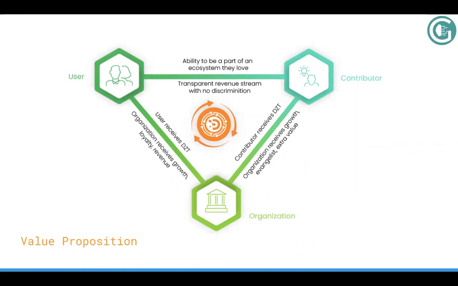The way we want to do it is where users, contributors, and organizations come together in a connected way so that all of them can solve the problems they are facing now with the traditional reward management system, or reward management systems in general.